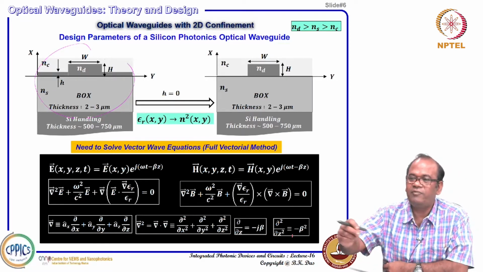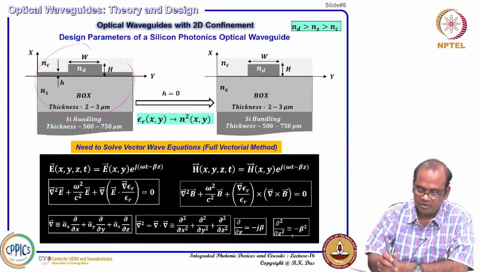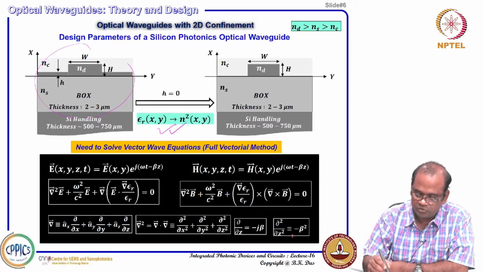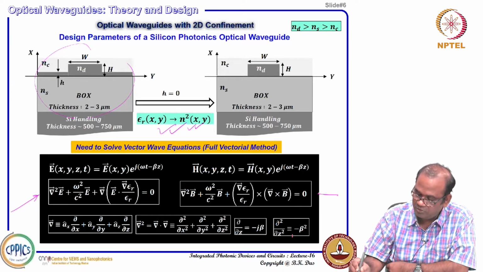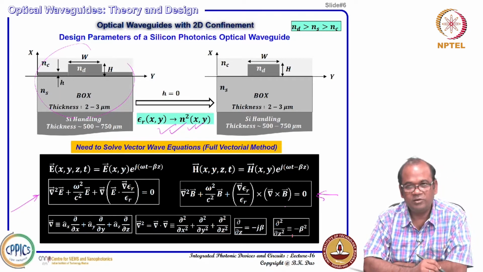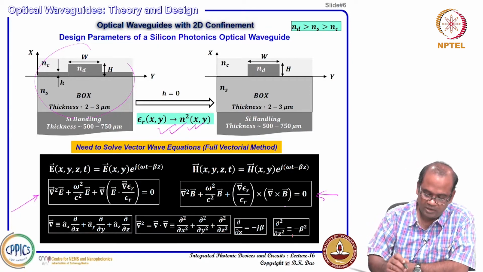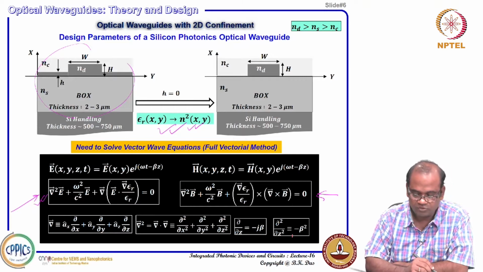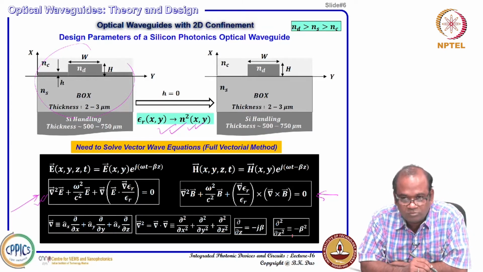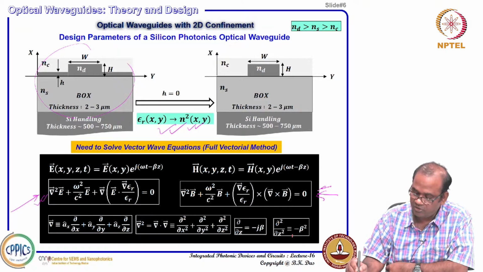To deal with this type of function, we developed from Maxwell's equations 2 vector wave equations, starting from the curl equations. One, when I eliminated the magnetic field, I get one vector wave equation involving the electric field alone, and another equation involving the magnetic field alone.